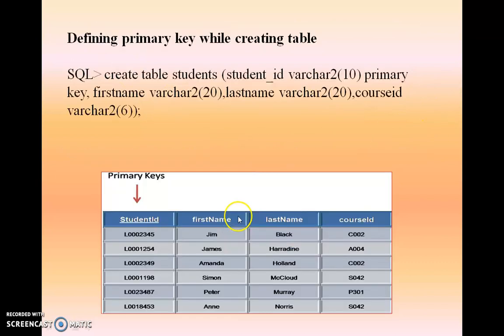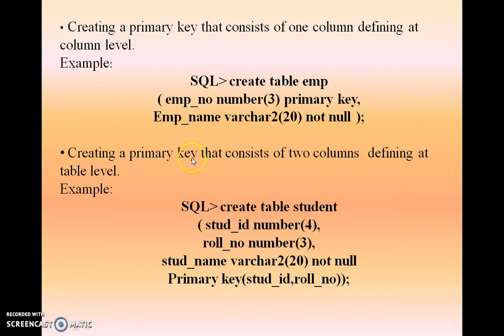Here the table will be displayed as it is: student ID, first name, last name, course ID. Student ID is the primary key, which contains unique values that are not duplicated throughout the column, and a column declared as primary key cannot contain a null value, meaning we can't leave the column blank. Okay, understand? We can define the primary key at column level as well as table level.